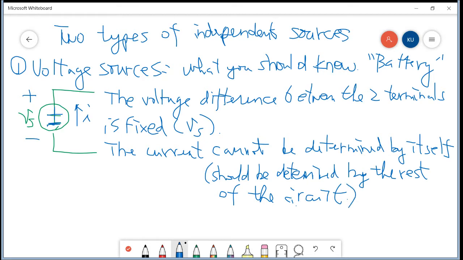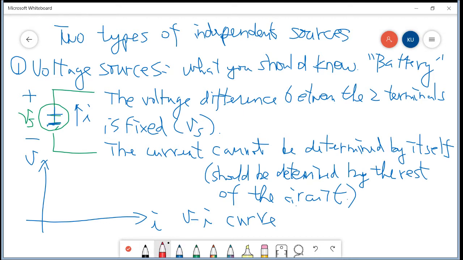Sometimes we will draw it in a figure. On the x-axis we put the current, and on the y-axis we put the V, so we call it the VI curve, C-U-R-V-E.